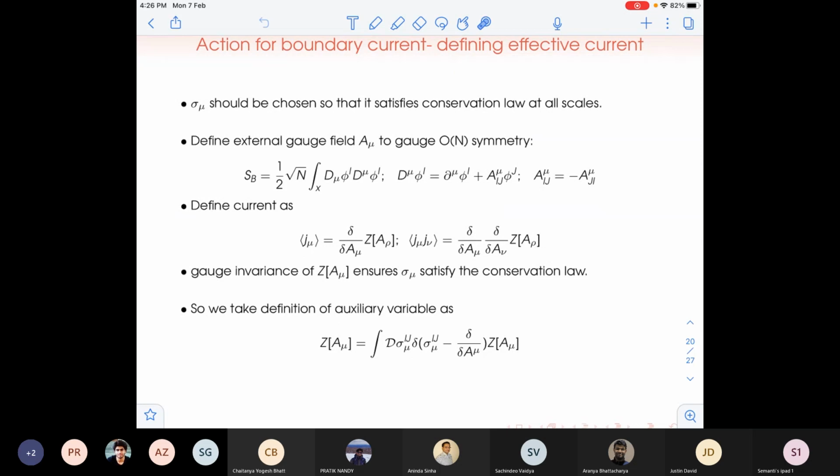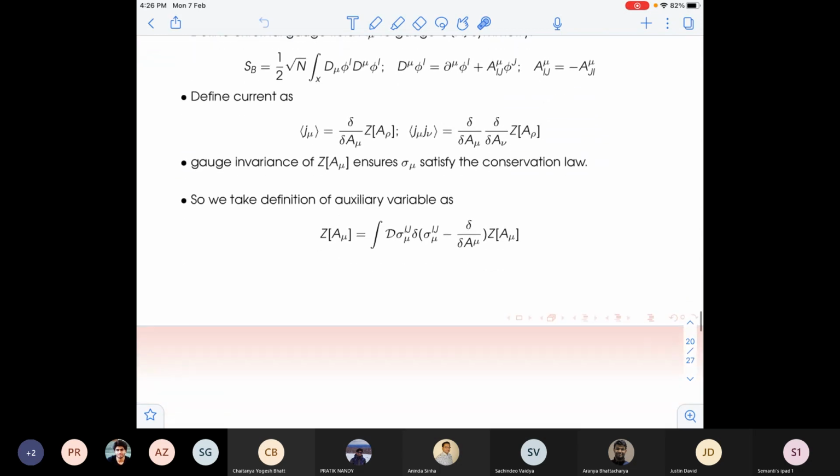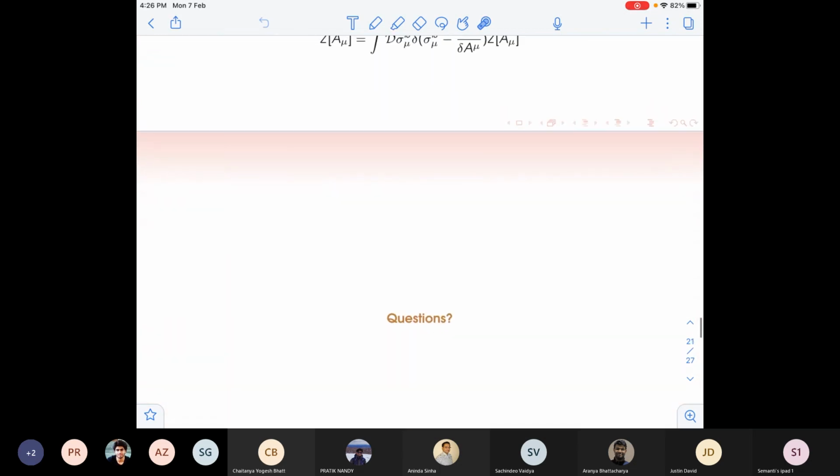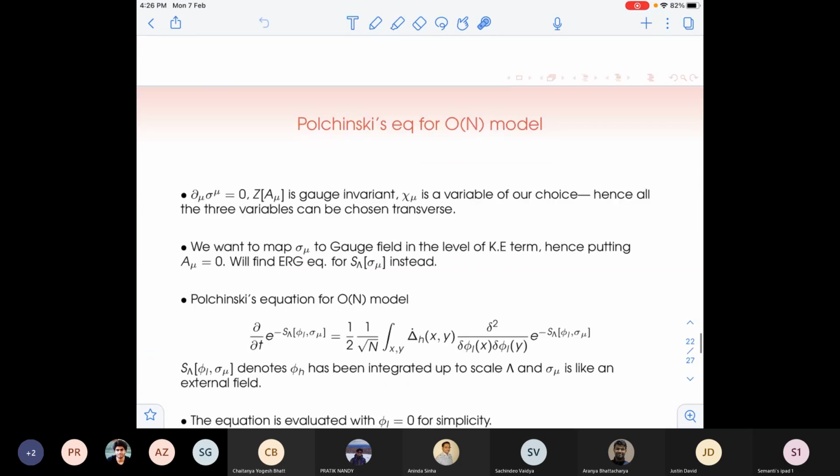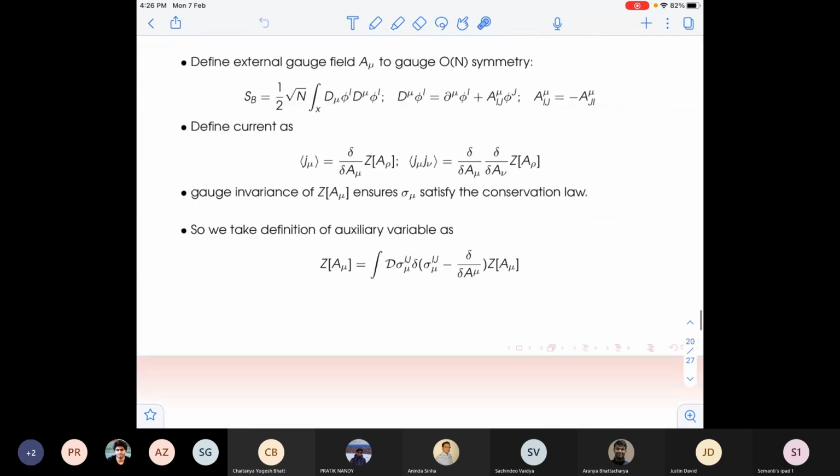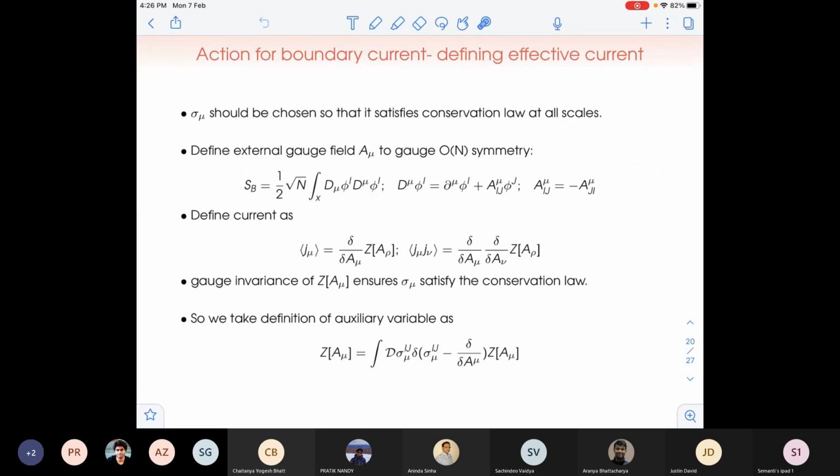If we combine both procedures, that is the procedure for getting the Wilson action for the effective current.